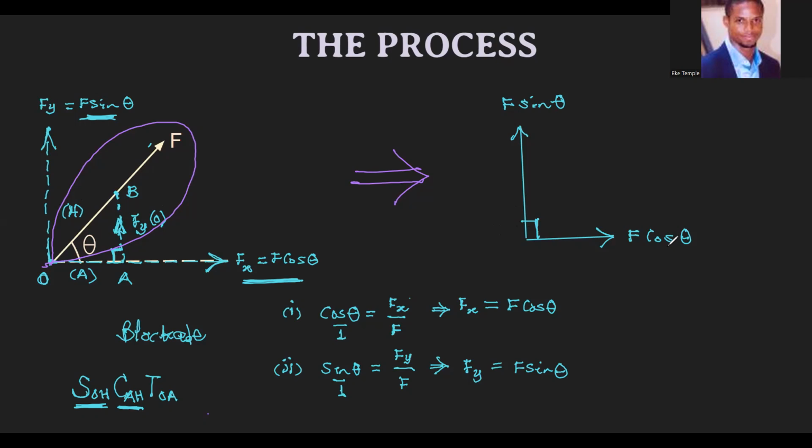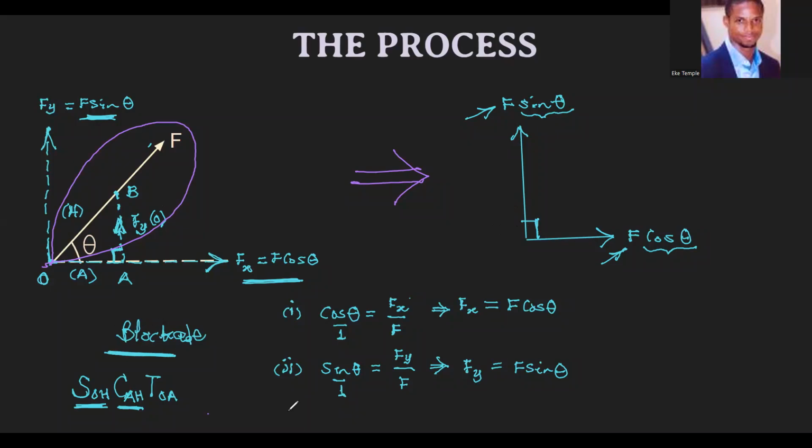Now, what are the generalizations here? The two components must take on the magnitude of the original force. You can see F present in each of them. And now, one of them will take sine of the given angle, while the other one will take cos of the given angle. The final generalization I want you to maintain here is the use of the blockade.